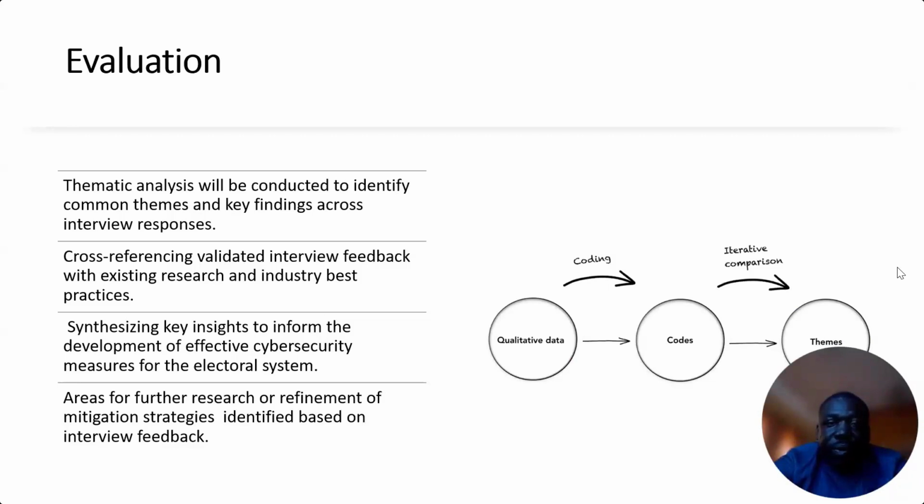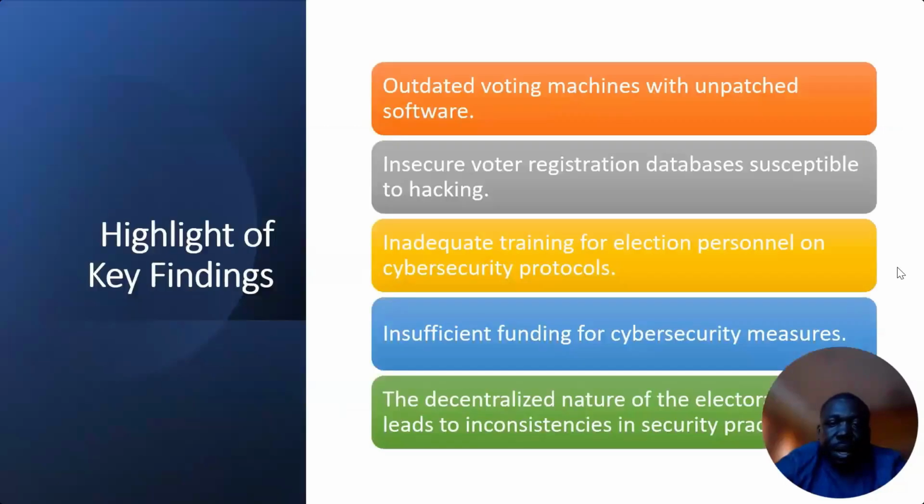I cross-referenced these insights with the latest research and best practices, ensuring that the findings align with cutting-edge strategies for combating these threats. So here, the investigation into the cybersecurity threats impacting the 2024 elections has revealed several crucial findings.